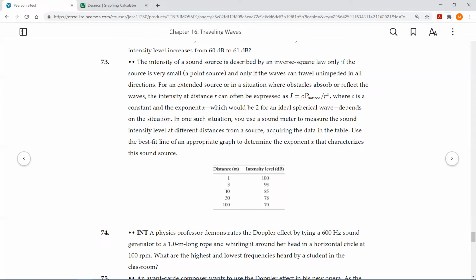So we can take some supposedly real world data here, plot it, and try to do a best fit to figure out which value of C and which value of X would do the best job of correctly accounting for how the intensity drops off with distance.